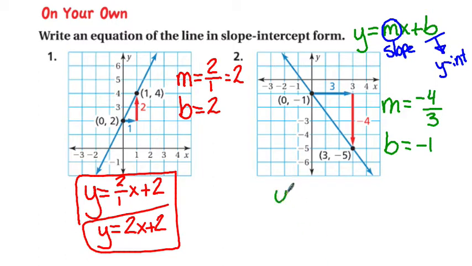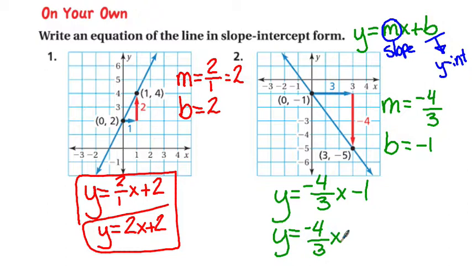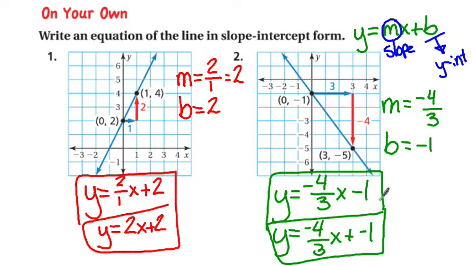So my answer is y equals negative 4 thirds x minus 1, or if you prefer, y equals negative 4 thirds x plus negative 1. Again, either one of these two is correct. I prefer minus 1 as opposed to plus negative 1.